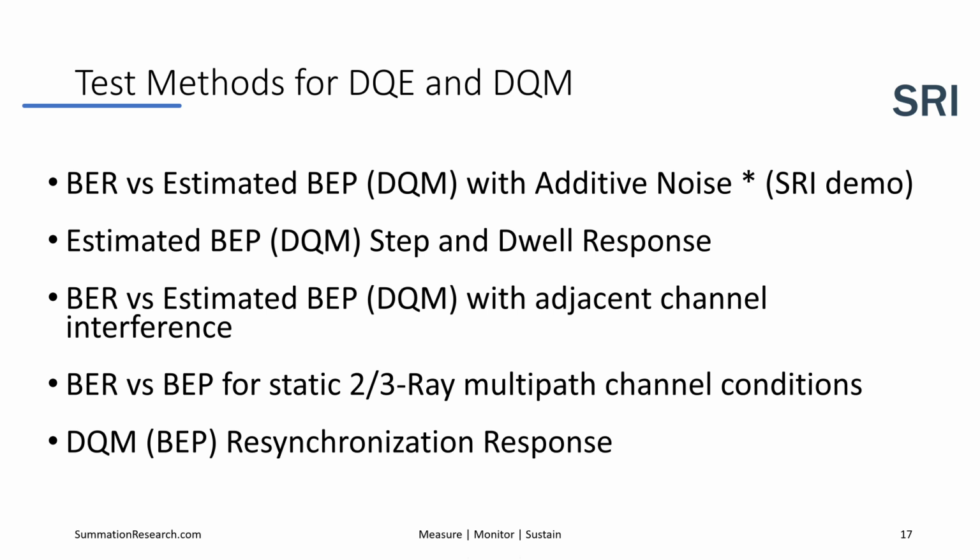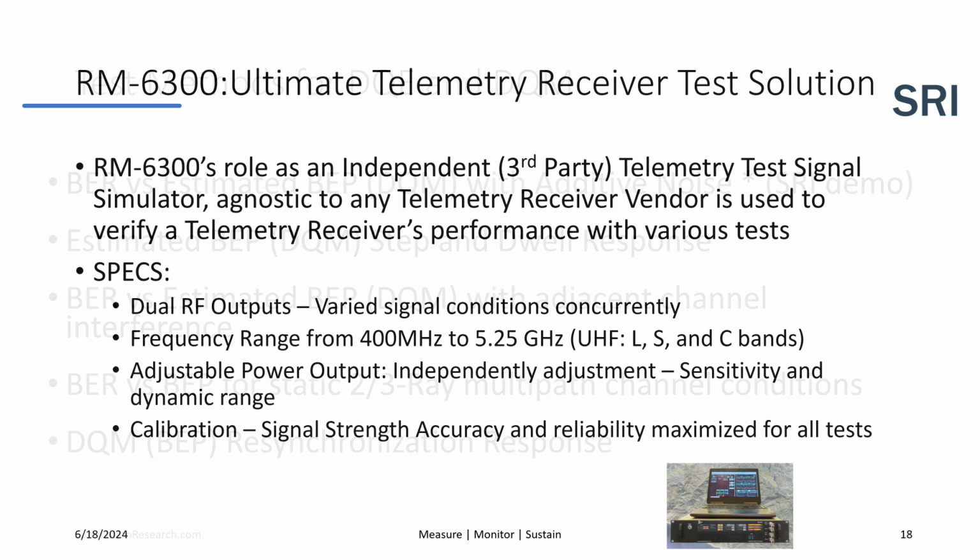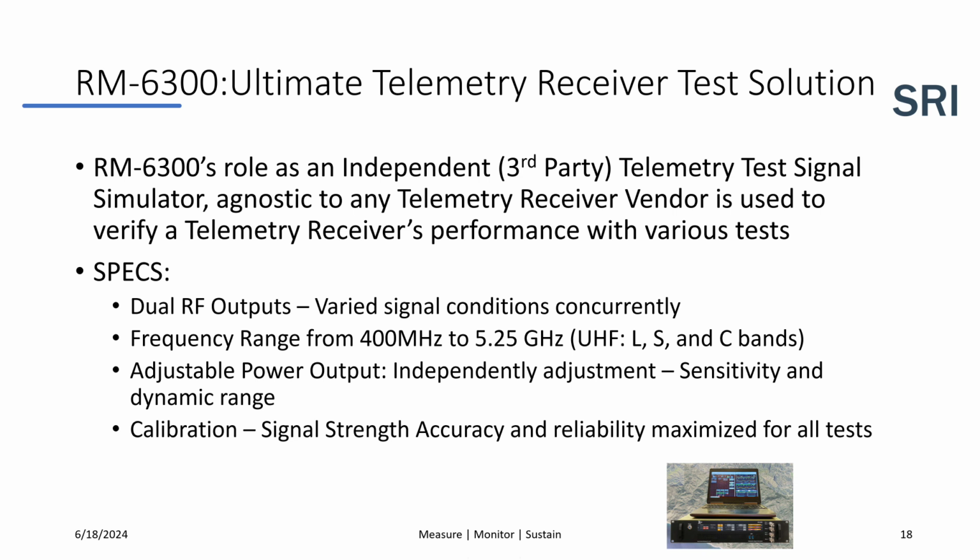Now, let's take a look at the RM6300, which is what we're going to be providing a live demonstration on with DQM. So let's talk about that next. The RM6300 Ultimate Telemetry Receiver Test Solution.